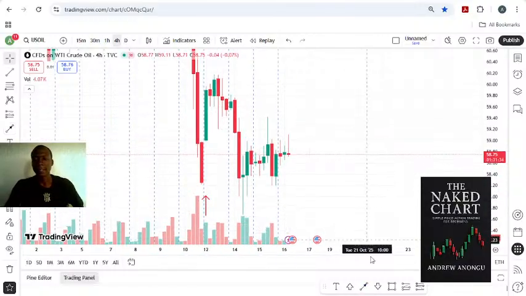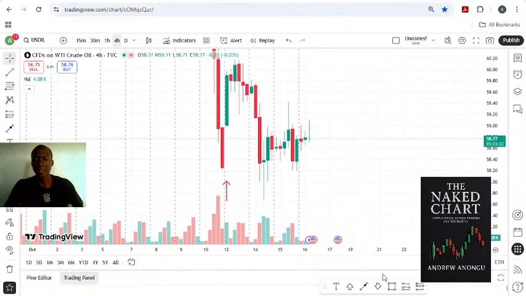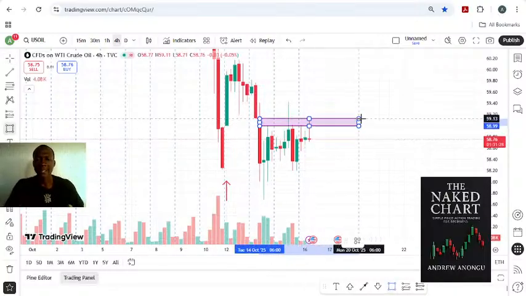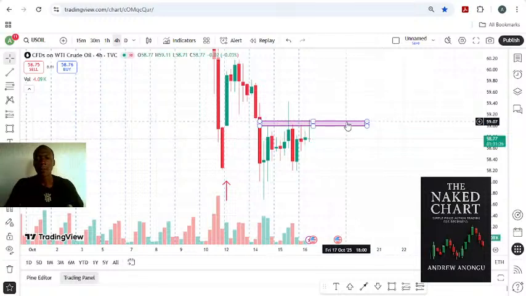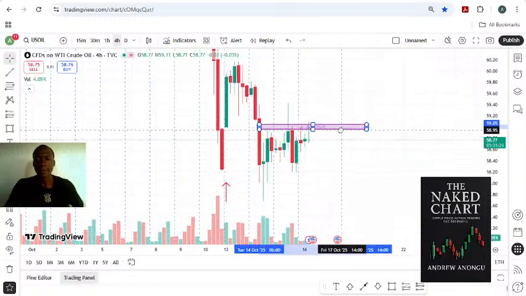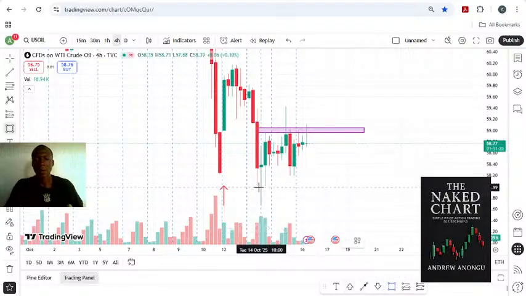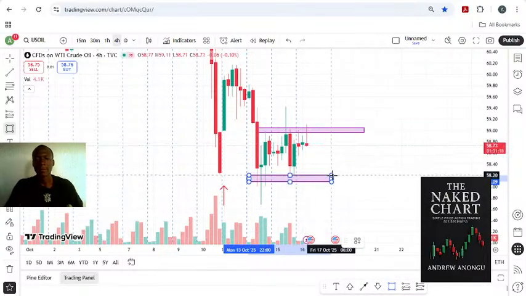So the next thing to do is to mark out our key levels. So we're going to mark out our resistance level, and we'll also mark out our support level.